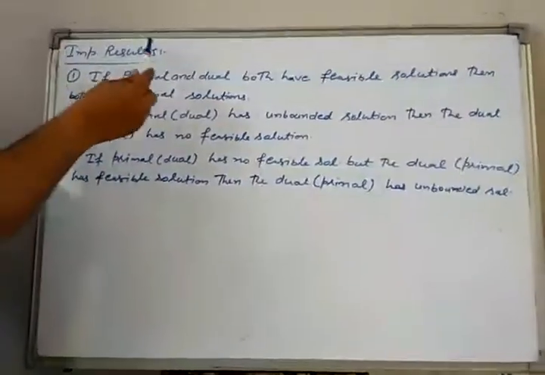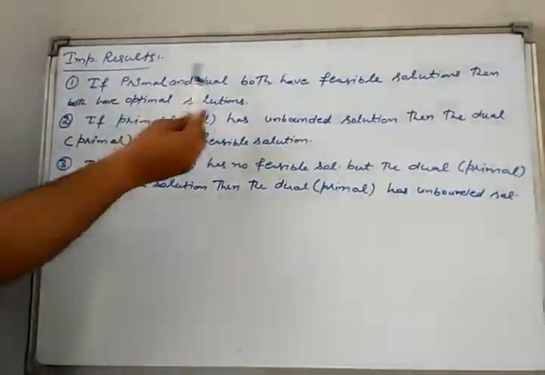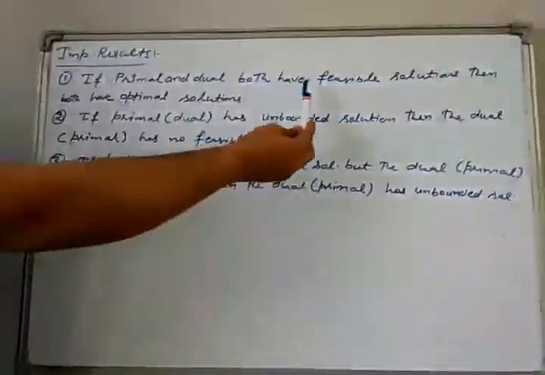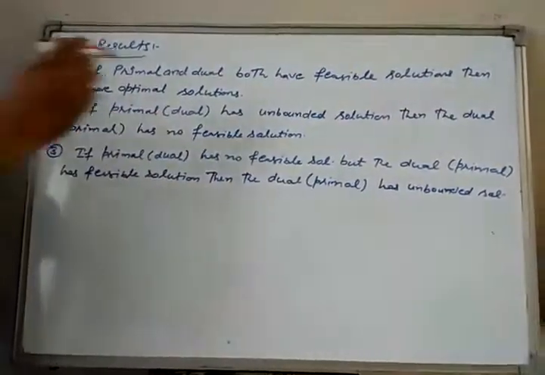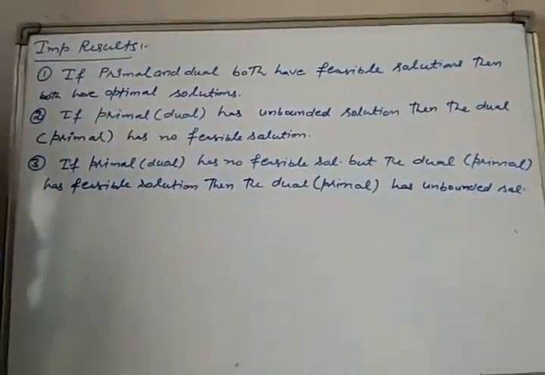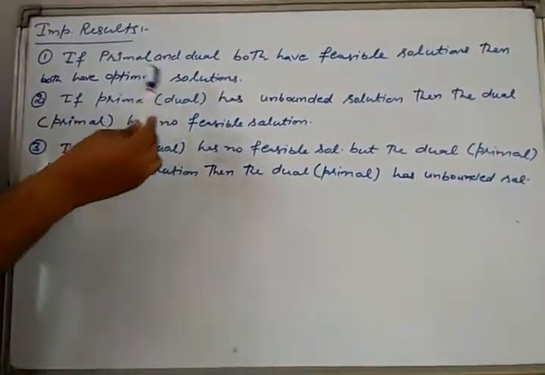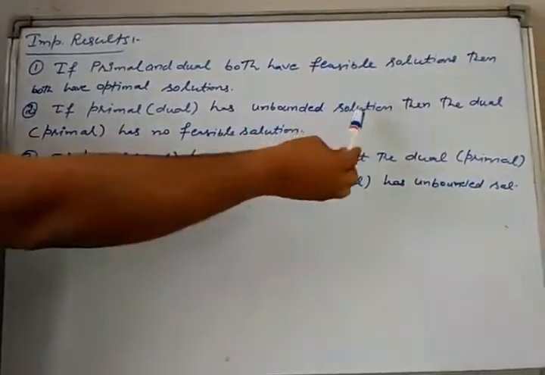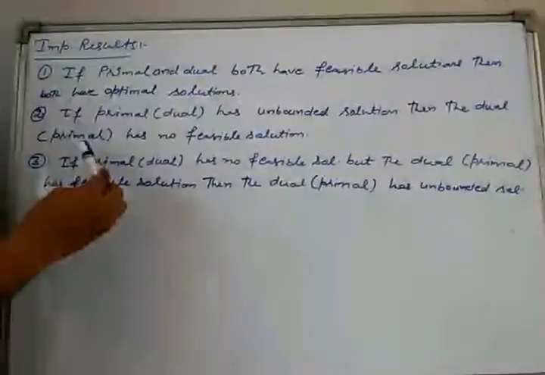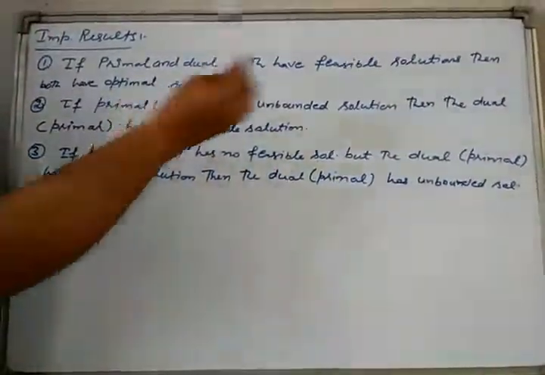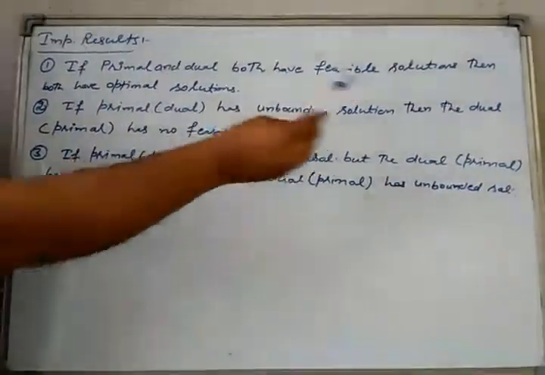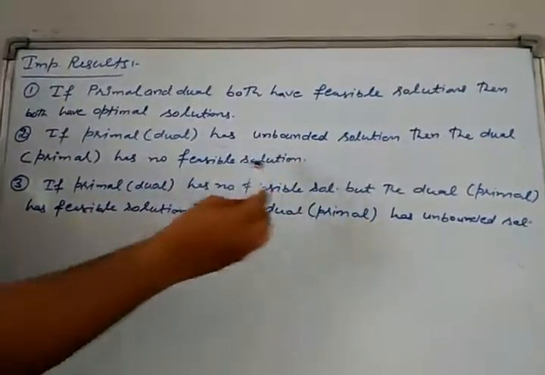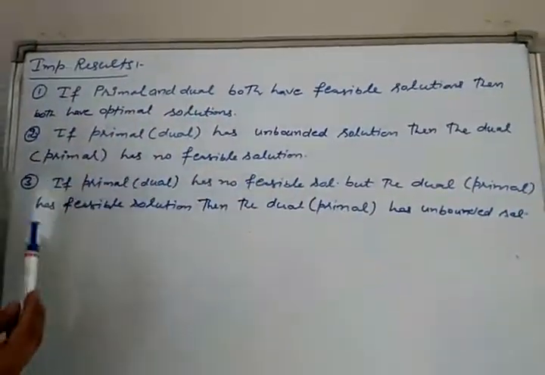Now some important results. If the primal problem and dual problem both have feasible solutions, then both have optimal solutions. If the primal or dual has an unbounded solution, then the other problem, that is, corresponding to the primal there is the dual, and corresponding to the dual there is the primal, has an infeasible solution or no feasible solution.